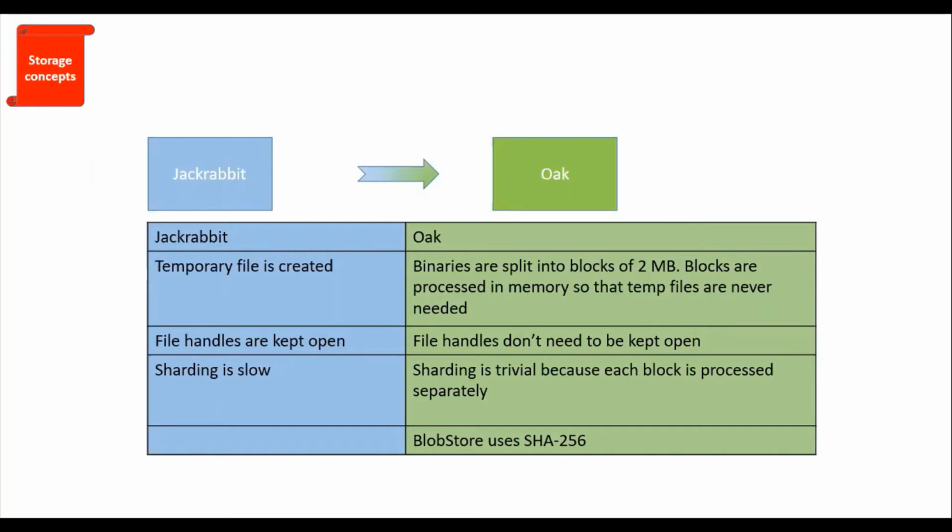In case of Jackrabbit, file handles are kept open, whereas in Oak, the file handles don't need to be kept open during the file processing. In case of Jackrabbit, the sharding is slow, whereas in Oak, the sharding is trivial because each block is processed separately. And another added advantage in Oak is the blob store uses the SHA-256 algorithm, which is faster compared to others.